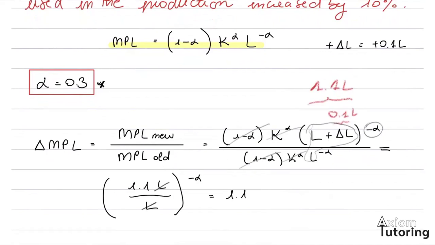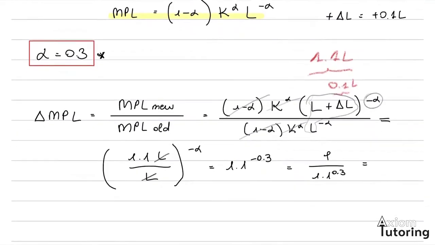So our result is going to be 1.1 to the power of minus 0.3, or 1 over 1.1 to the power of 0.3. And if you plug this into your calculator, you're going to obtain 0.972, which is the ratio between the new marginal product of labor and the old marginal product of labor. And since it's less than 1, it means that the MPL decreased following the additional labor.